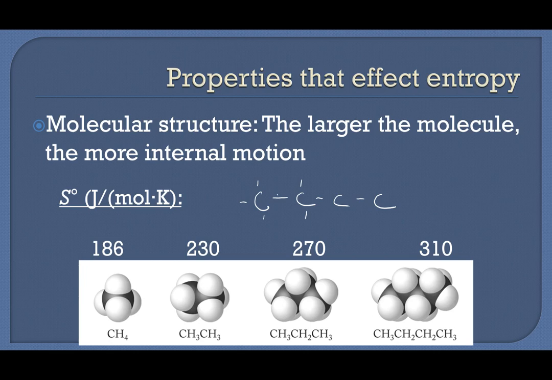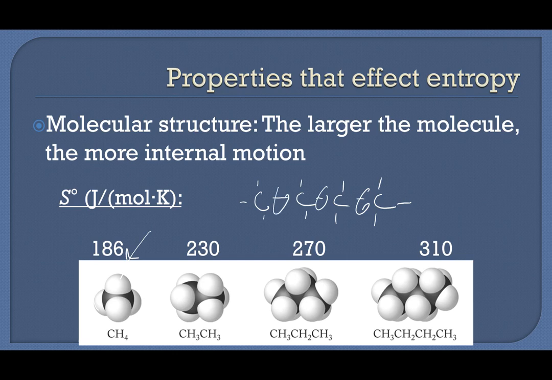So for the CH4, it would just be the hydrogen atoms kind of vibrating, oscillating in place. When we get up here to the 4 carbons, now this bond can spin around right here, and this one can spin around, and this one can spin around.